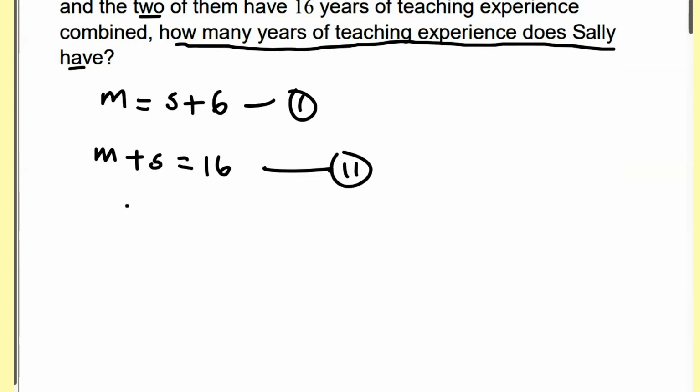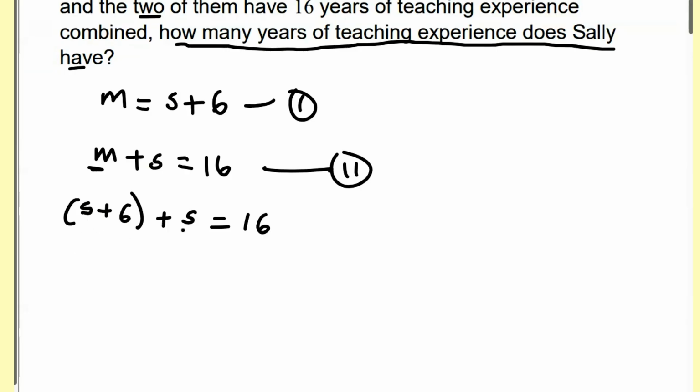Since from the question we already have that M is equal to S plus 6, we're going to replace it here. We have S for Sally plus 6 in brackets, plus the initial S that is in the combination, equal to 16.